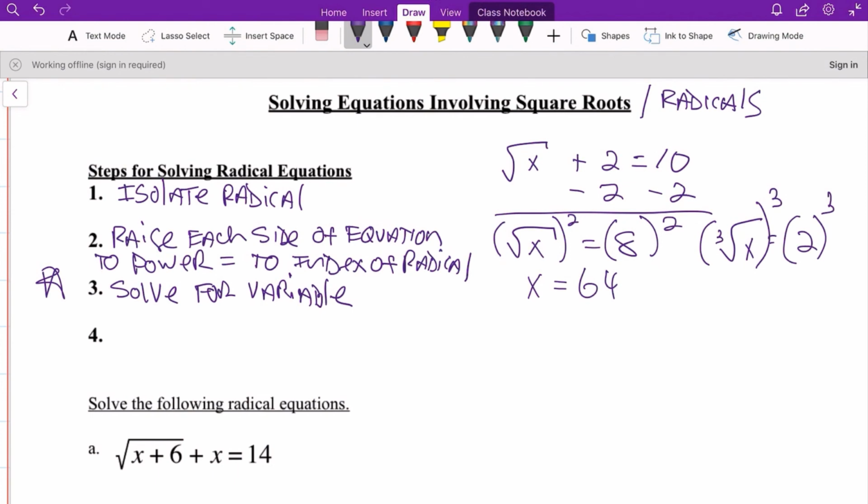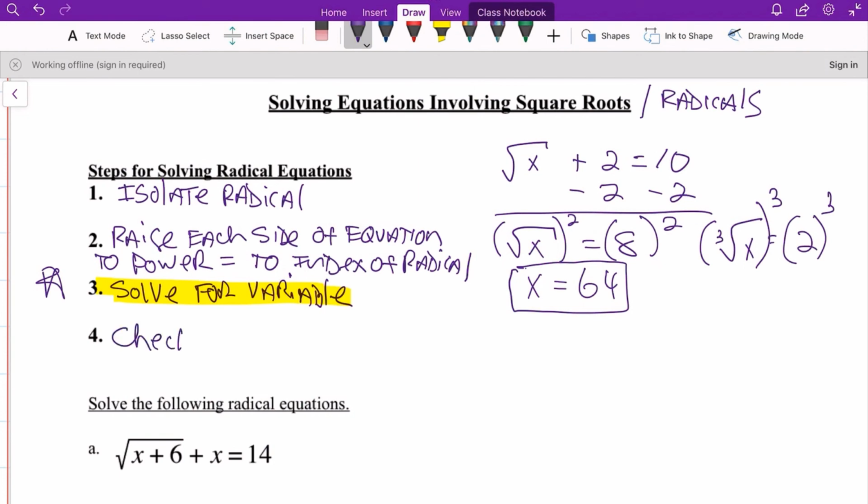So step 3 can be a little bit more involved than the other 2, depending on the type of equation that you have. Now the one that I gave you here was a very simple one. I'm basically done. There's really nothing else I have to do. We've already found what x equals in this example, so there's nothing I have to solve. But just note that step 3 can be, depending on the problem, kind of intensive to try to find those answers.